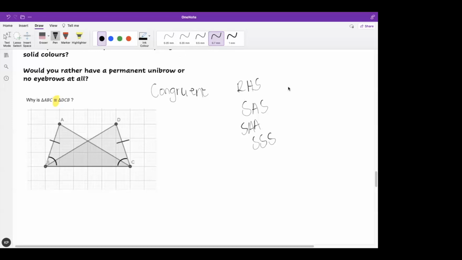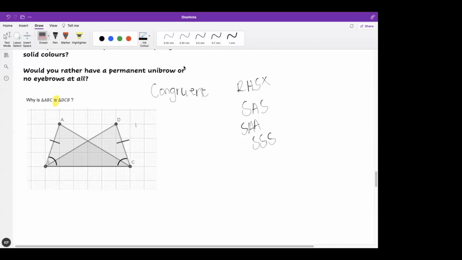So we cannot use the RHS because that one requires a right angle, right? The R stands for the right angle or the 90 degrees. So we cannot do this. Now, where do you see the right angle? Remember, you must be told it's a right angle. So there must either be a 90 degree there or a block that shows you that it's 90 degrees.